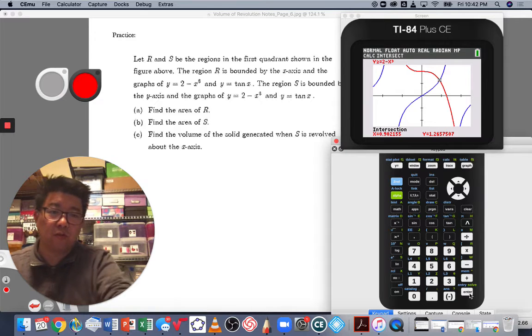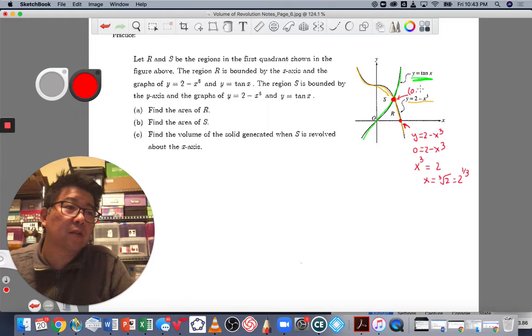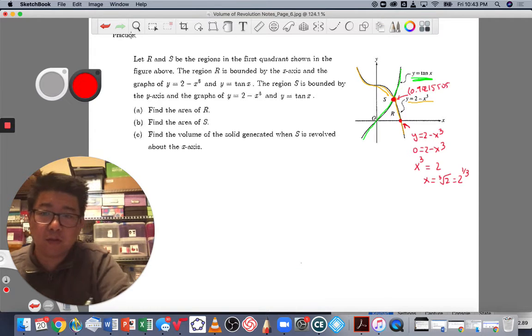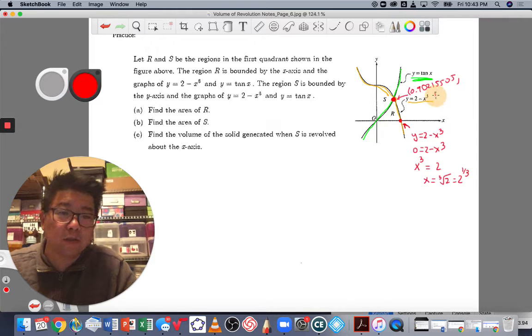Okay, so we're going to write those down now. In this particular case, it's going to be 0.90215505, comma, 1.265757, I think.